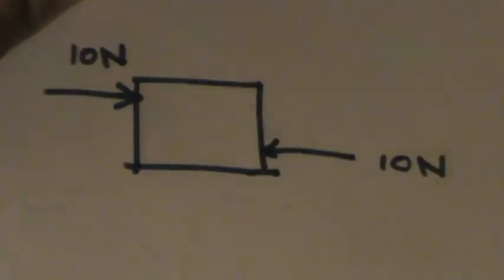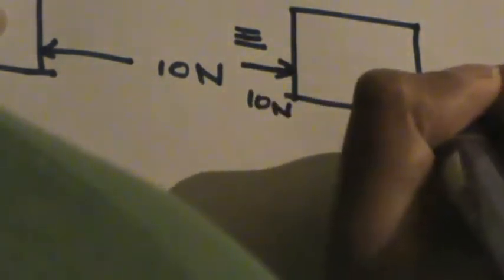So if I take an object like this, and if I put a force of 10 newtons here, and another force of 10 newtons here, the effect of this will be equal to this, if I put 10 newtons here and 10 newtons here.